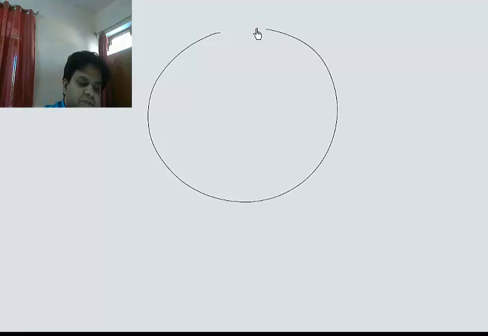Now let's take one more example. For example, let's say there is an insect at this point A, and this insect starts moving in forward direction along this circle.